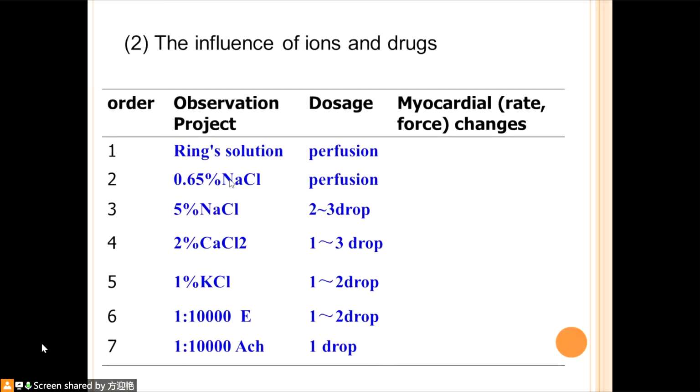This solution is the frog's saline, and then perfusion. We also found the myocardial rate and force change, and they also use the higher solution, about 6.